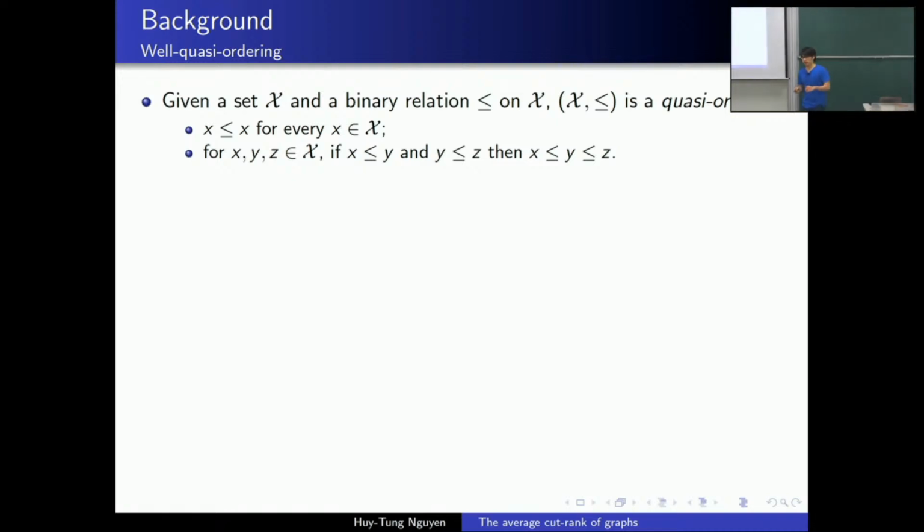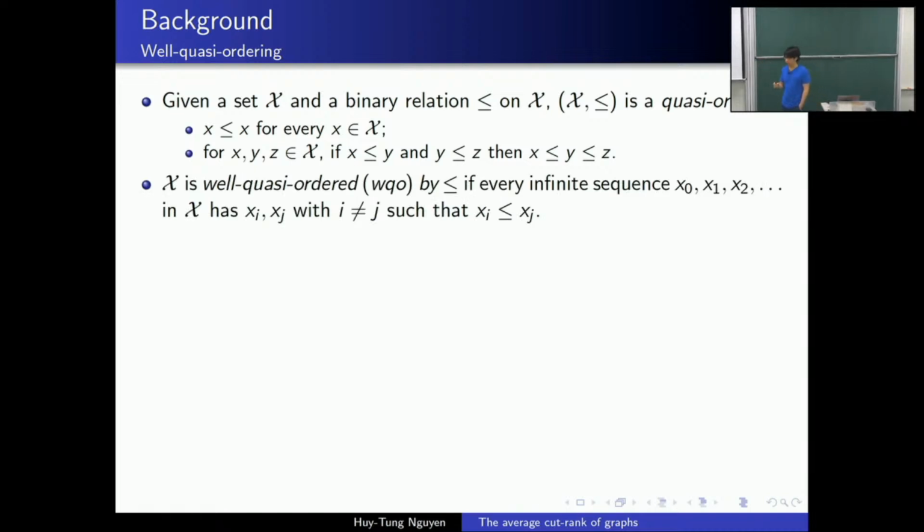If we add symmetry, then we get a partial order, but here we don't have symmetry, so we only have a quasi-order. And X is well quasi-ordered by this relation if for every infinite sequence, you can always find two distinct elements that are comparable.